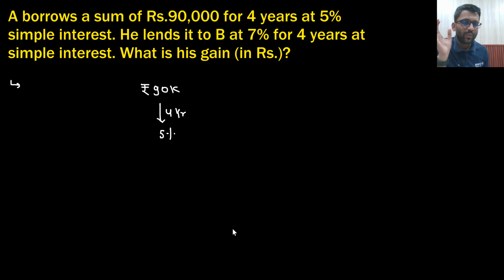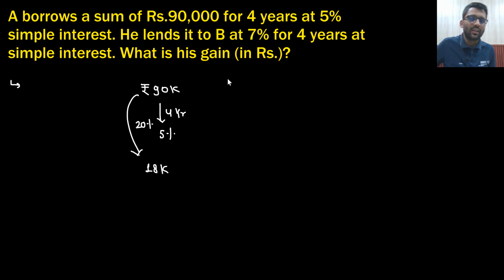So how much he will have to pay? 4 years at 5%, that means he has to pay 20% of 90k, right? This will be his interest. 90k he will have to pay, along with that he will have to pay 20% of 90k. And what is 20% of 90k? That is, his interest is 18k.